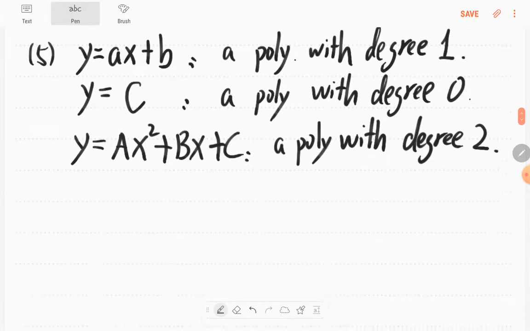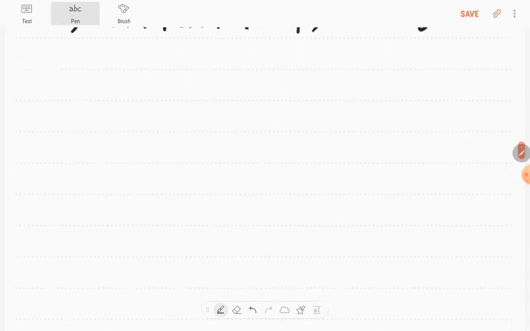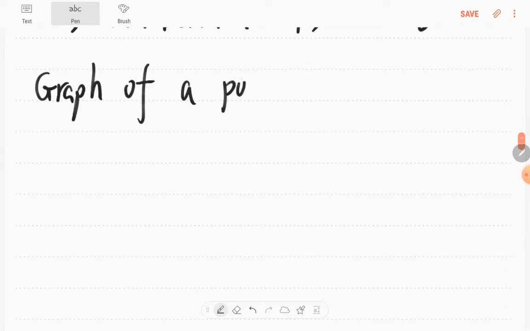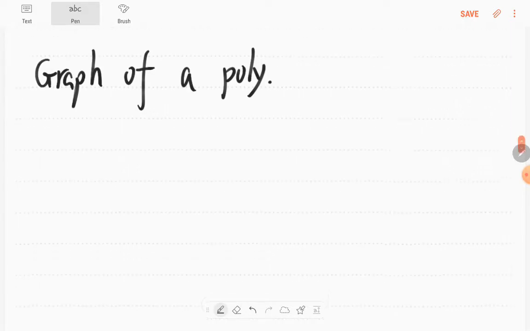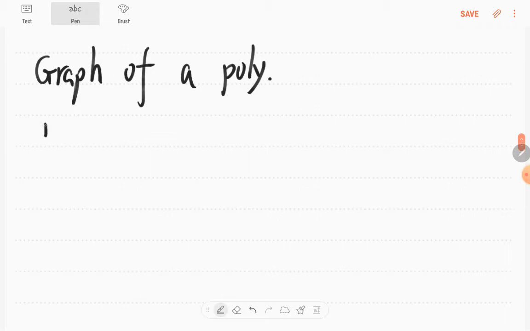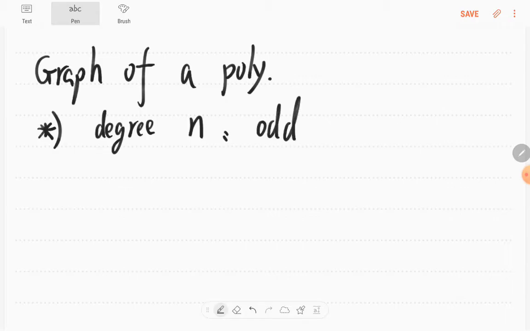So now let's look at some properties of the graph of the polynomial. So here are several cases we want to talk about. The first case, the degree n is an odd number, just like 1, 3, 5, and so on, odd number.